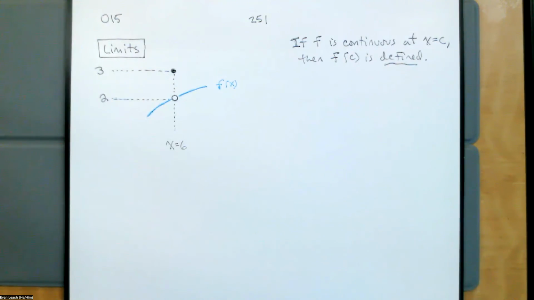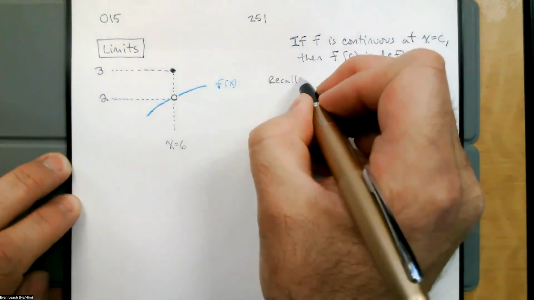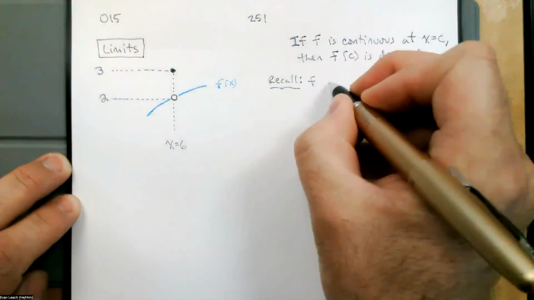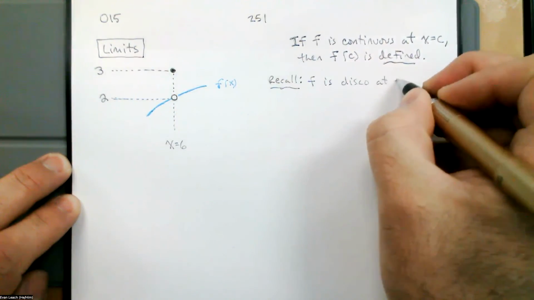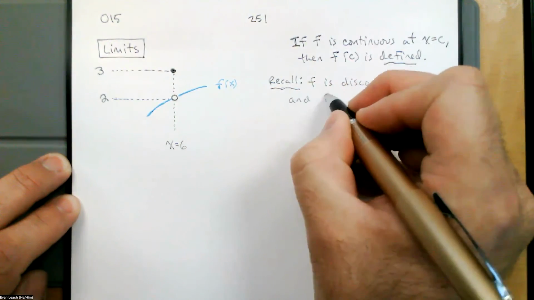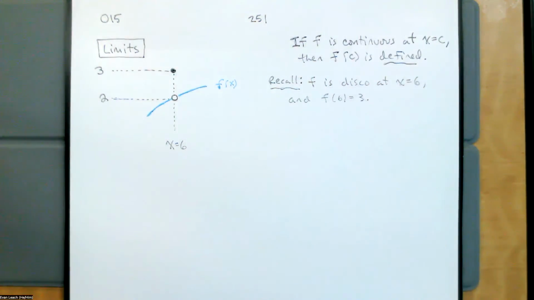So recall that the value of the function was defined when x equals 6. F of 6 is equal to 3. F is discontinuous at x equals 6, and f of 6 is equal to 3.